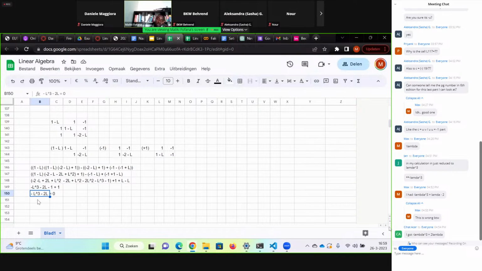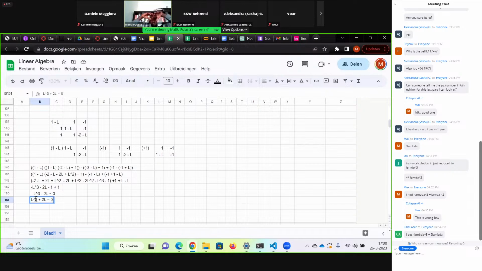So if I multiply everything now by -1, I will end up with lambda to the power of 3, because it becomes plus lambda to the power of 3 by multiplying everything by -1, plus 2 lambda equals 0.